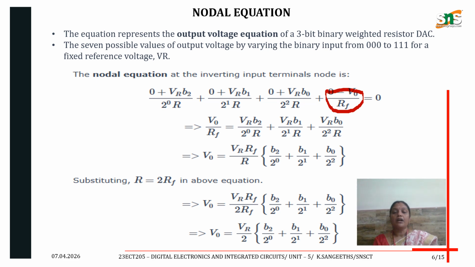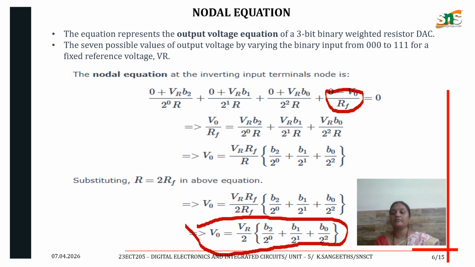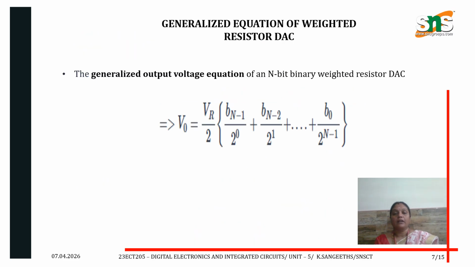So this is the final nodal equation. The generalized output voltage equation is VR divided by 2 into B(n-1) divided by 2 power 0, B(n-2) divided by 2 power 1, and so on up to the required number of binary bits.